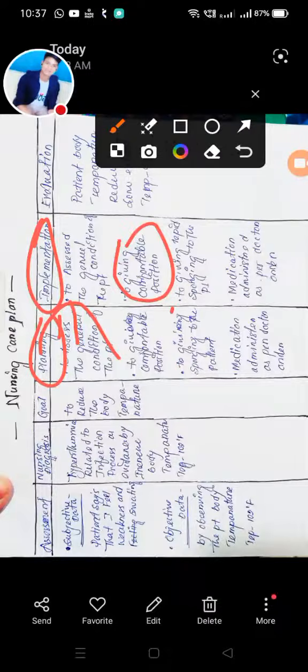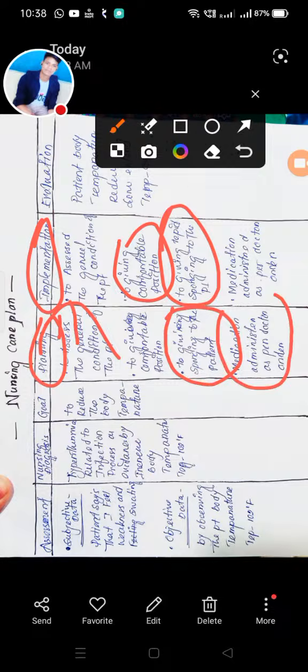In the planning I am going to give a sponging bath; in the implementation I have already given the sponge bath to the patient. In the planning I mention medication to be administered as per the doctor's order; in the implementation you write medication administered, so I have already given medication as per the doctor's order. Whatever you create in your planning, you carry out and implement with the patient.